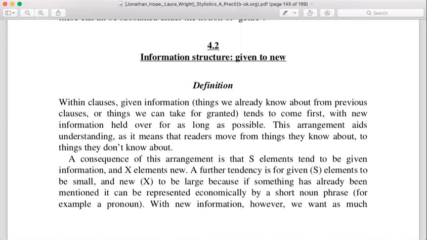We have talked about cohesion in terms of cohesive devices, and now we are talking about coherence in terms of information structure. Both of these are related to the structure, but there are two kinds of information that we get, and coherence is responsible for giving us that information. One is given. Given means known.